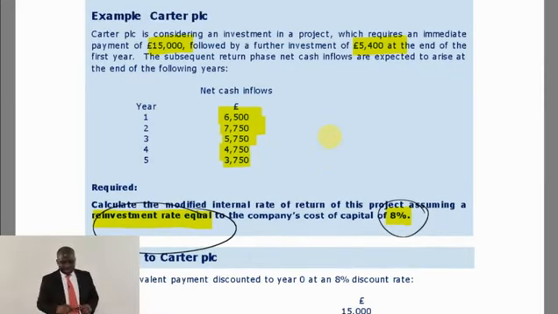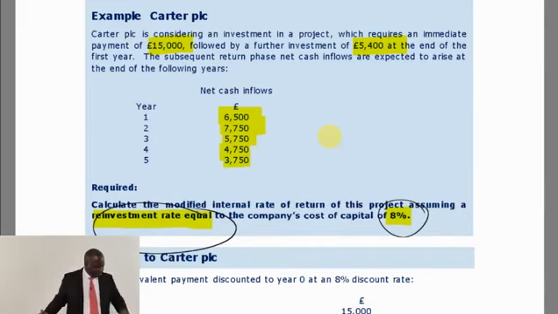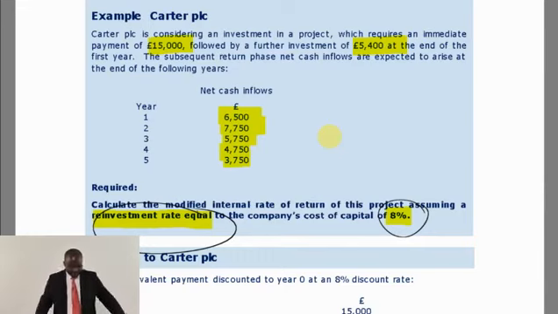So now let's calculate the modified internal rate of return. Our time is only 3 minutes left, but let me calculate this, and then next time we will pick it up from wherever, free cash flows, even though we should have done free cash flows. Fine, I will adjust it for you. Okay, so to calculate the modified internal rate of return, we will have to reinvest all the cash flows.